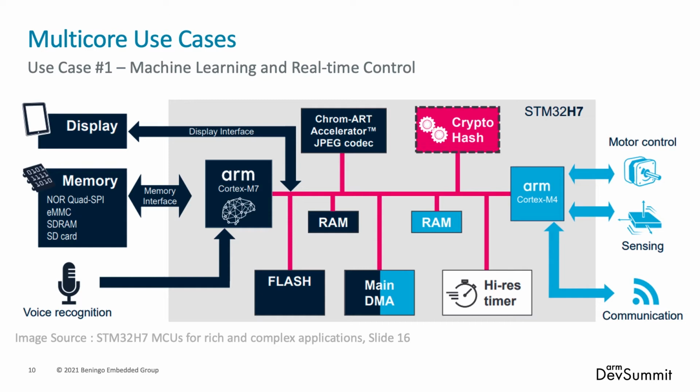Now, the first use case that I think is really important, that you can see here on this slide, is that we can break our system up into a machine learning side, where we have a feature-rich environment, and a real-time control side, where we handle all the real-time control. A lot of people are starting to use machine learning.